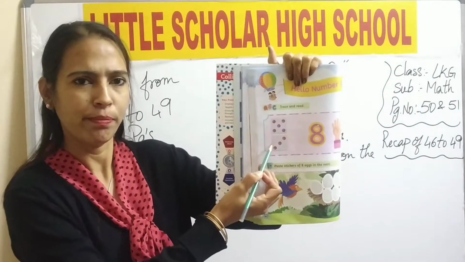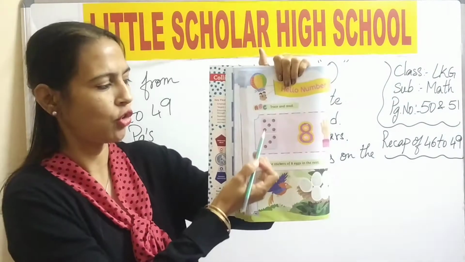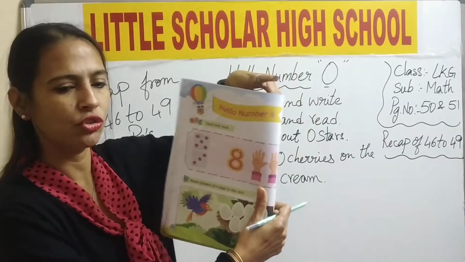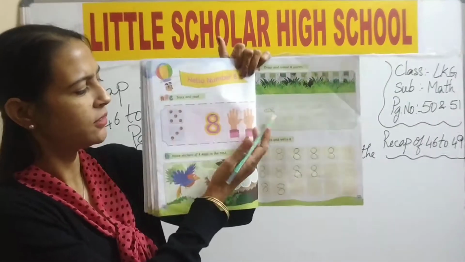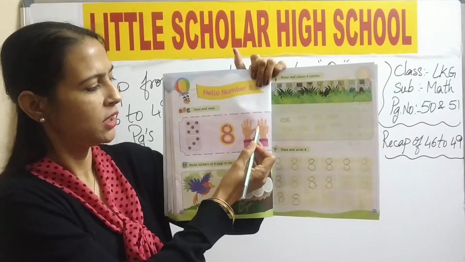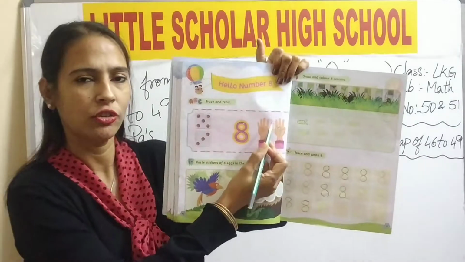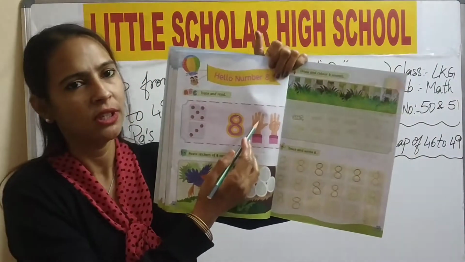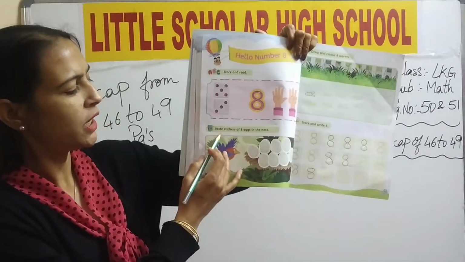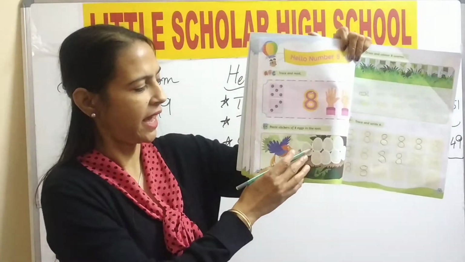It is 5 plus 3, that is 8 dots. And how many fingers do we put up? Let us count that. 1, 2, 3, 4, 5, 6, 7, 8. So, 8 fingers.